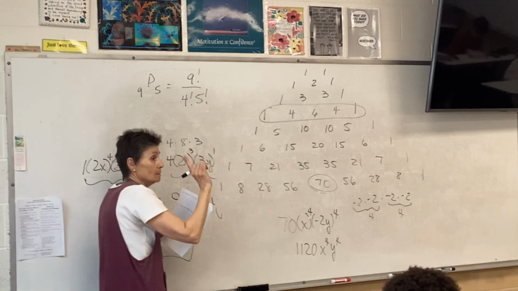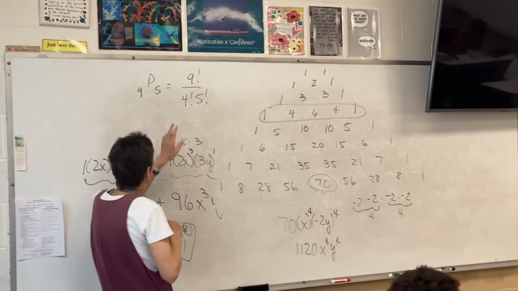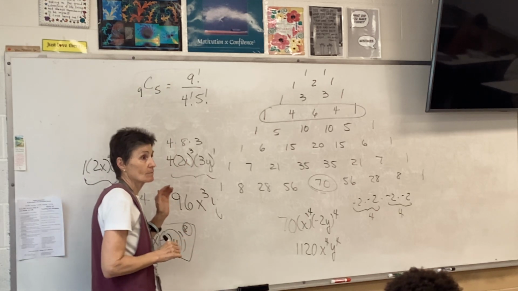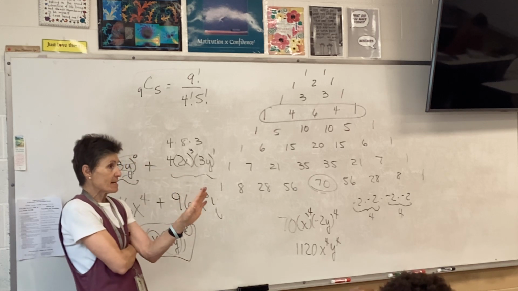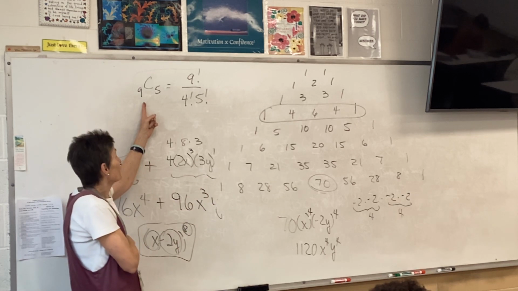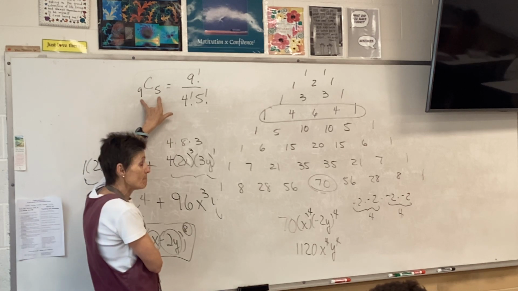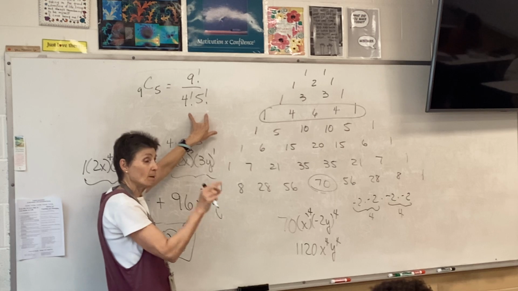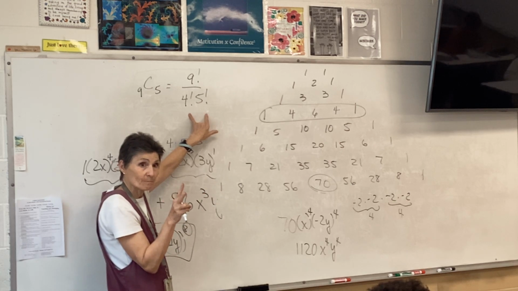Now, that is 9C5. So when that's a C, you take the big number on top, then you subtract them and put the little number on the bottom. So a C problem has two things in the bottom.